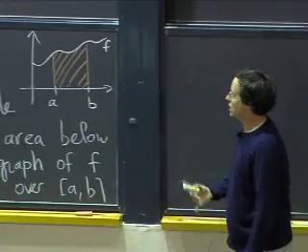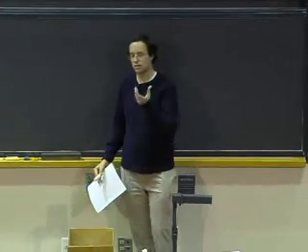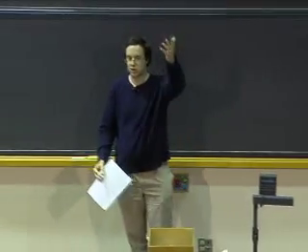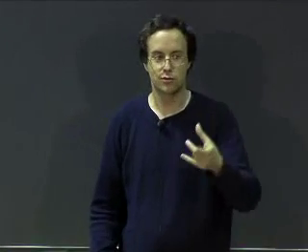So now when you have a function of two variables, you can try to do the same thing. Namely, you can plot its graph. Its graph will be a surface in space. And then we can try to look for the volume below the graph. That's what we will call the double integral of a function over a certain region.